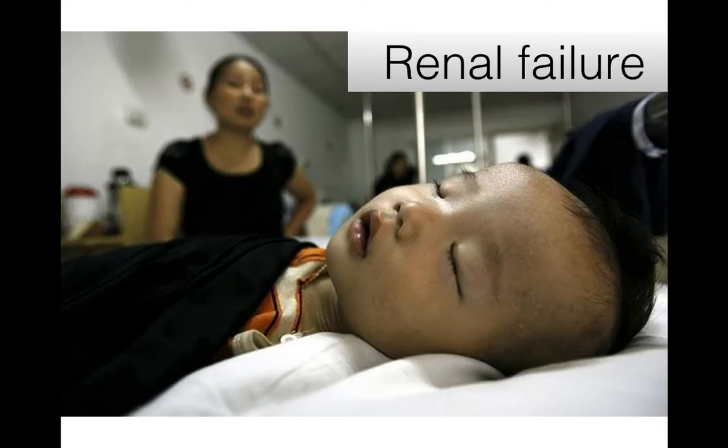Then, renal failure, especially for those critically ill, especially in the ICU. Ultrasound can define different kinds of renal failure: pre-renal cause, intrinsic, and post-renal cause. But for most of us, it will be easier to identify the post-renal cause. For the pre-renal cause, you have to determine the volume status and scan for other problems.